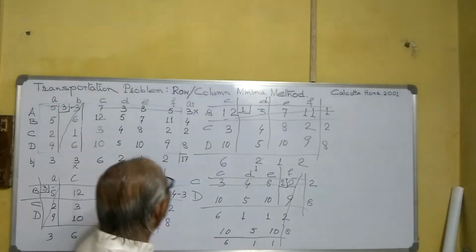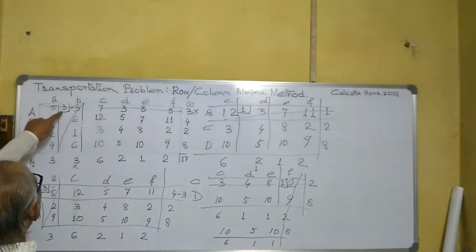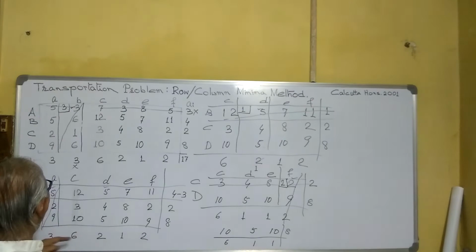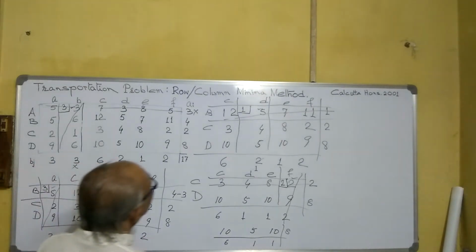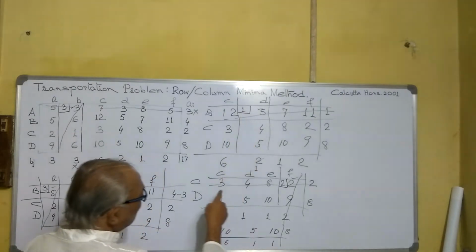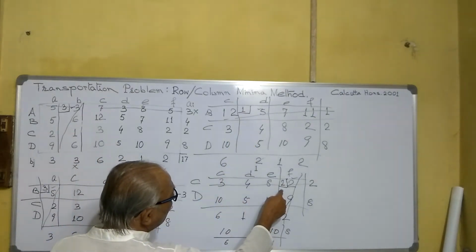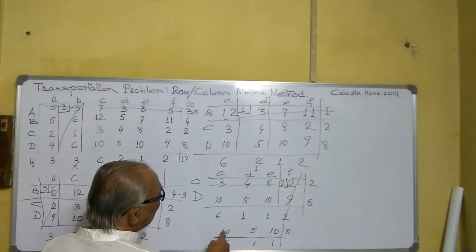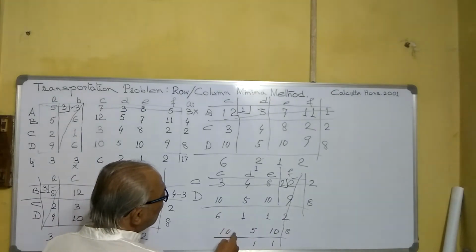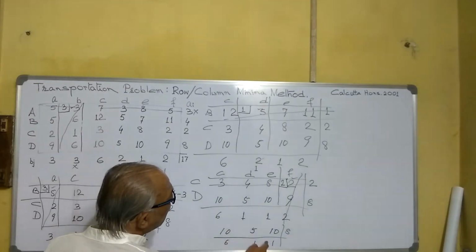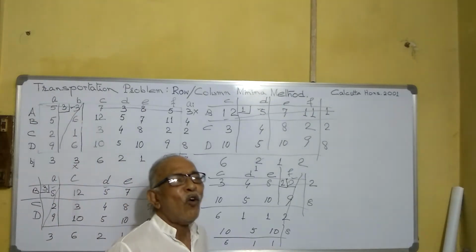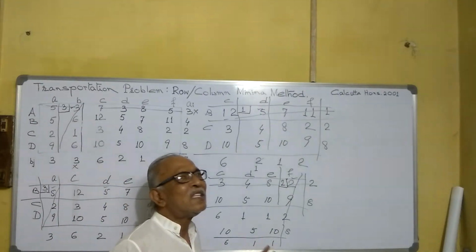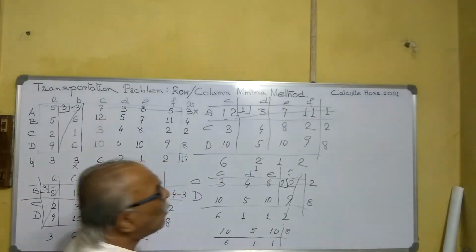So what are the things allotted? We have allotted 3 to this one, then 3 to this one, then 1 to this one. Here we are allotting 2 to this one, and here 6 to this one, 1 to this one, and 1 to this one. In this way, we completed all the allotments. Now we have to calculate the cost.